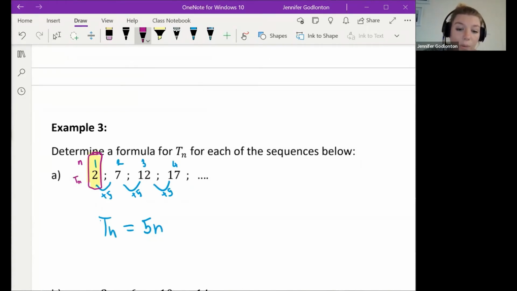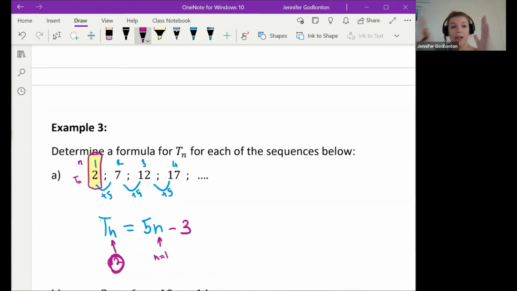So we're saying, well, if n is equal to 1, then my Tn needs to equal 2. So if n was 1, that would be 5 times 1, which would give me 5. But I need it to be equal to 2. So I have to minus 3 so that I get my final answer of 2.